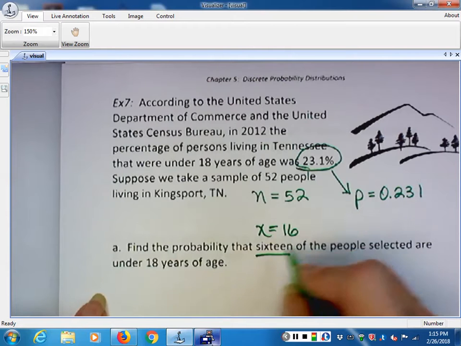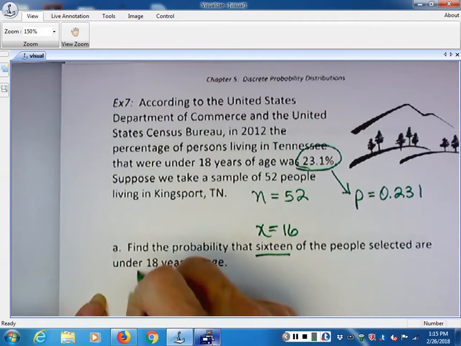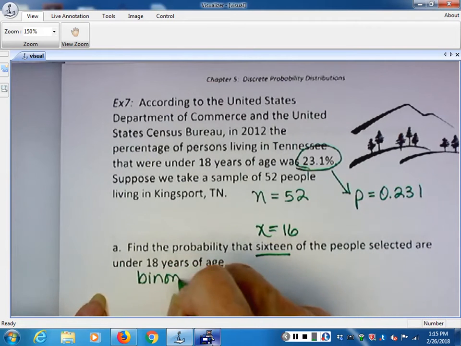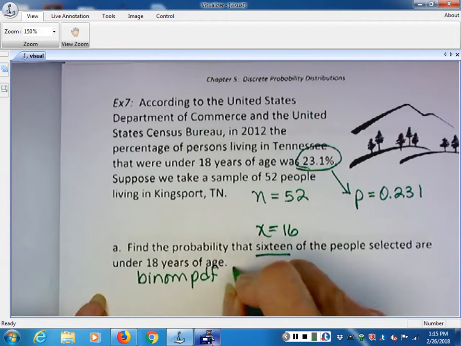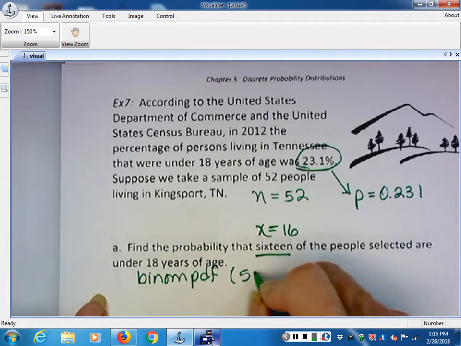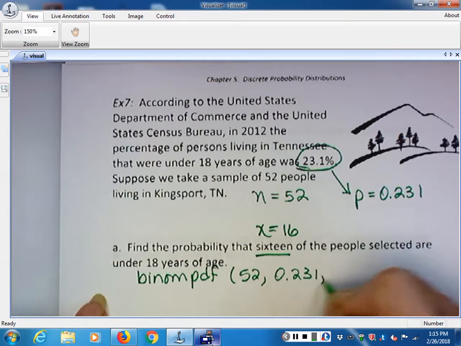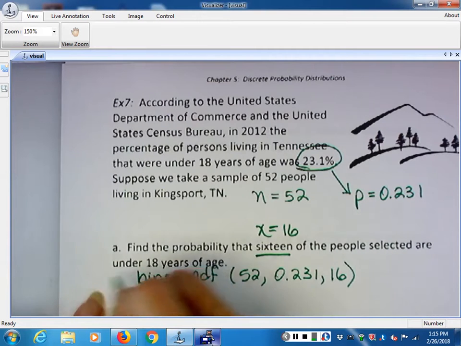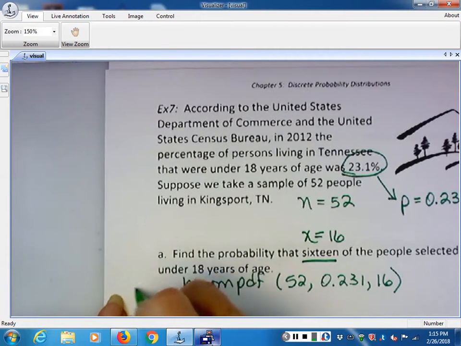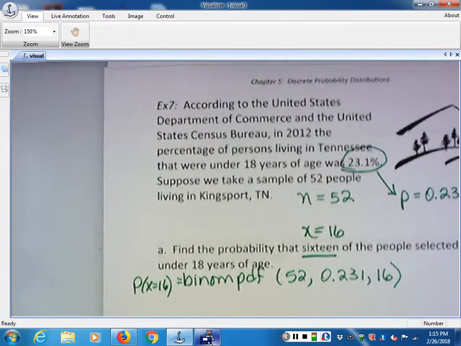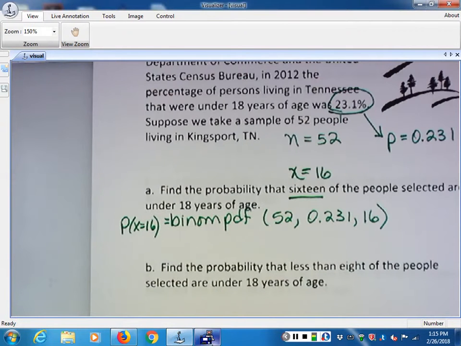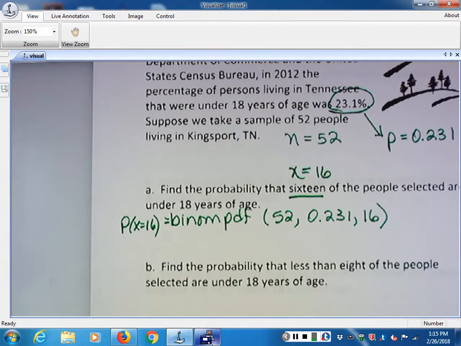This is because it's exactly 16. Then that's how you would write your statement. I'm going to let you get the numbers, because if you got this, you should be able to get the numbers and do those correctly.